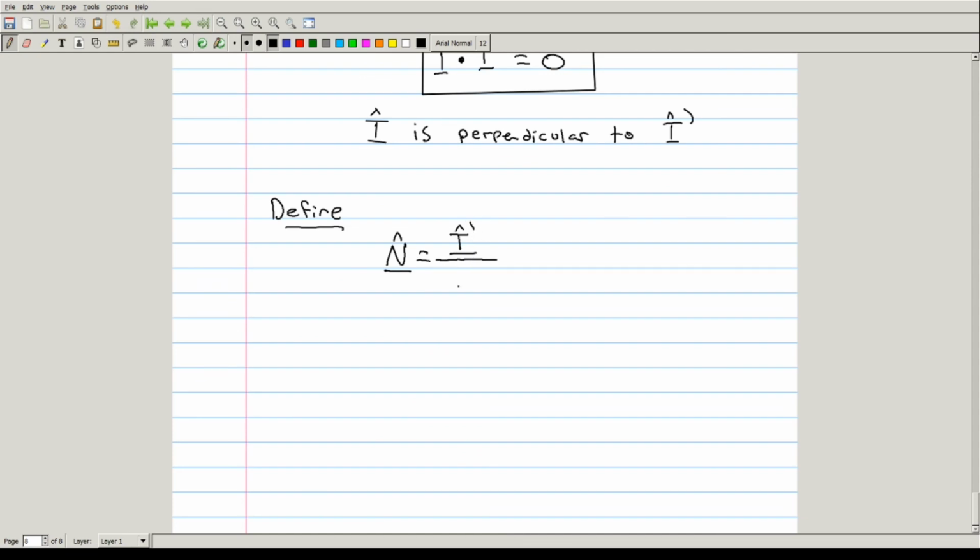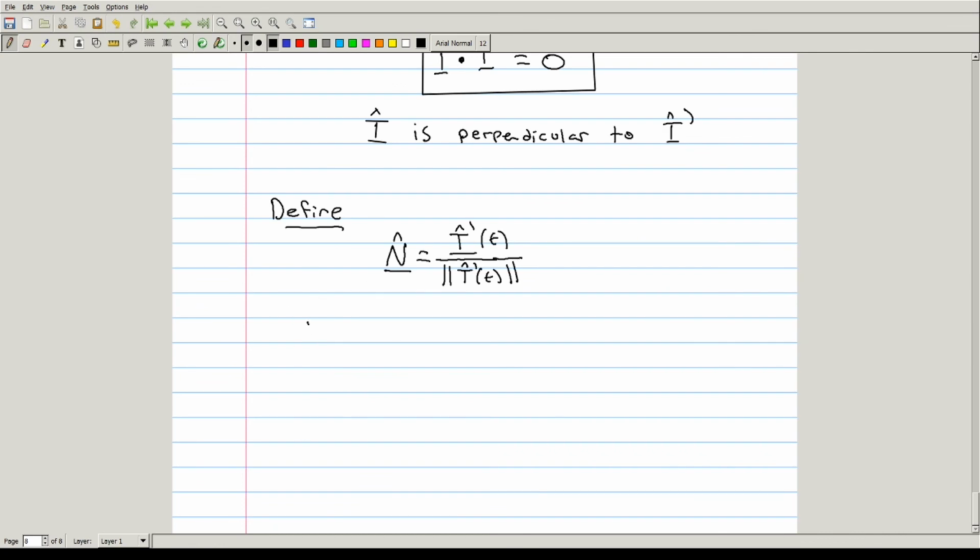So it's the vector t hat prime divided by the magnitude of t hat prime. And remember that these are both functions of t, so if you want to include that, that'd be a good thing to include. Oftentimes we won't include that because we'll leave it as assumed, but we want to be careful when we're talking about vector functions that we denote that they depend on some independent variable.